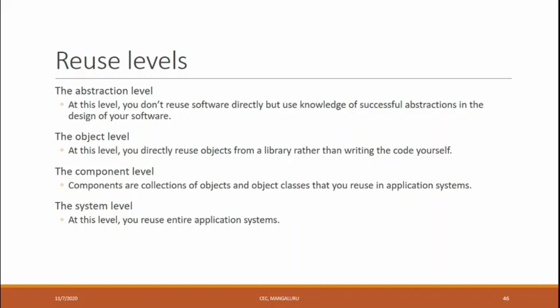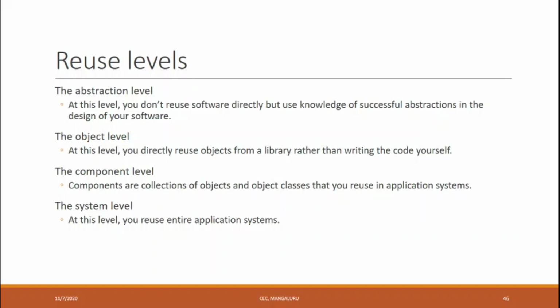So software reuse is possible at a number of levels. Okay, a very important question here also. First one is abstraction level, second one is object level, third one is component level, and fourth one is system level.